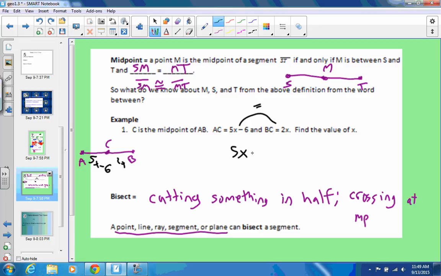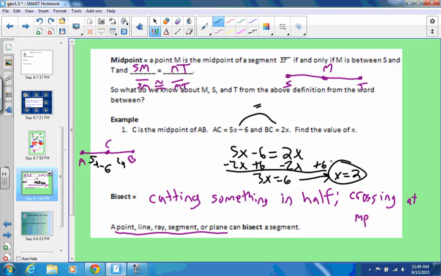So 5x minus 6 equals 2x. A little algebra here. I'm going to subtract 2x from both sides, and then add 6 to both sides. And I'm left with 3x equals 6. When you divide both sides by 3, you get x is equal to 2.